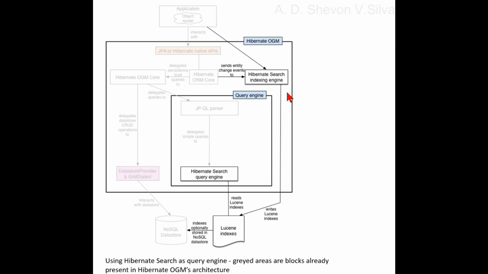Let's have a look at the architecture of Hibernate OGM when using Hibernate Search. In this situation, Hibernate ORM core pushes change events to Hibernate Search, which will index entries accordingly and keep the index and the data store in sync.